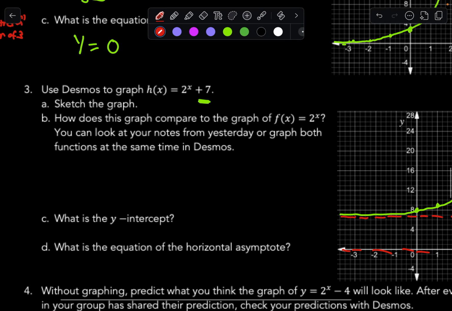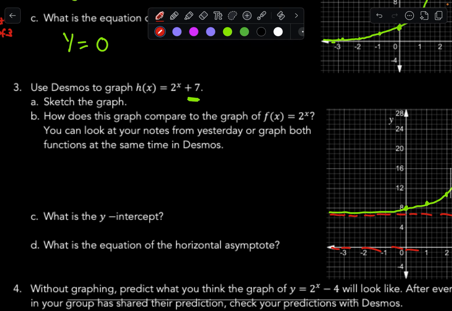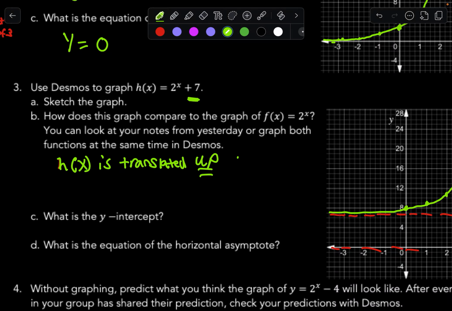Okay. How does this graph compare to the original graph from yesterday? h of x is translated, as the technical math term, up 7 units.